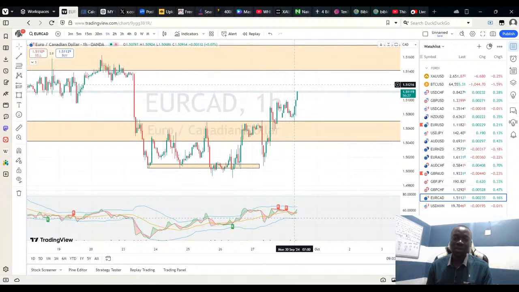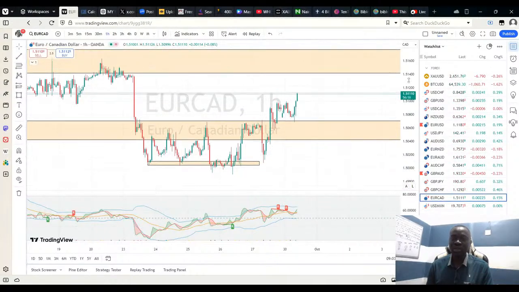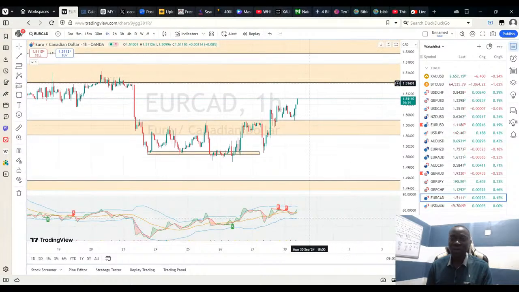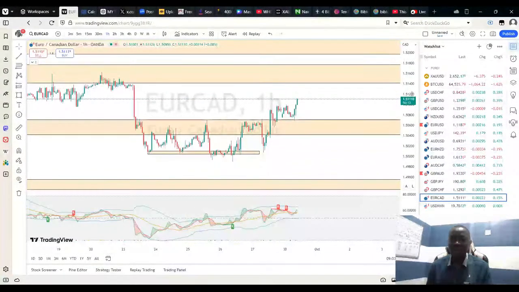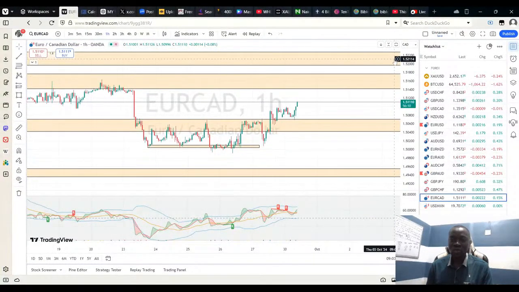This buy momentum, if you want to take your TP if you have been inside of this buy momentum, we should be expecting our TP to get to the price of 1.5160 or 1.5220.